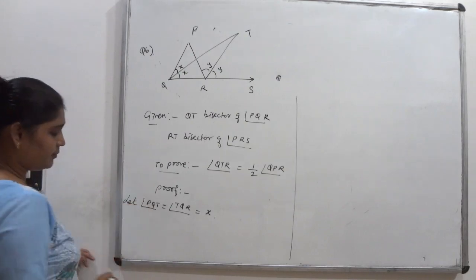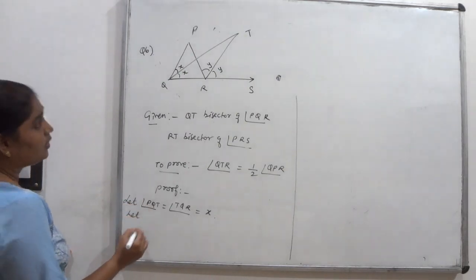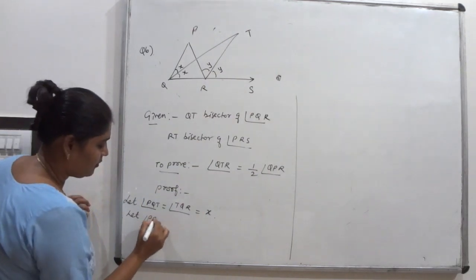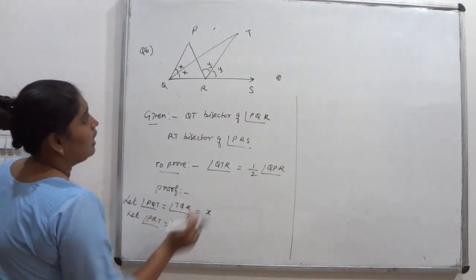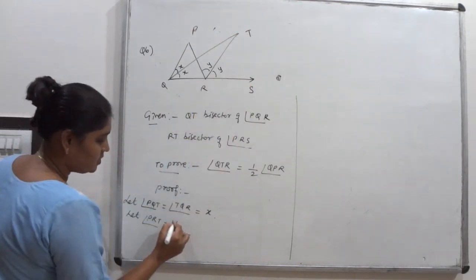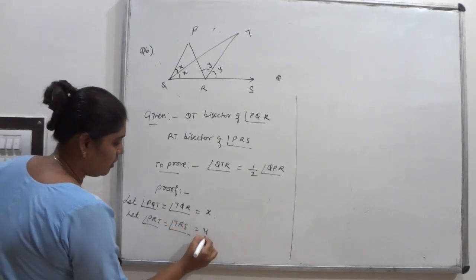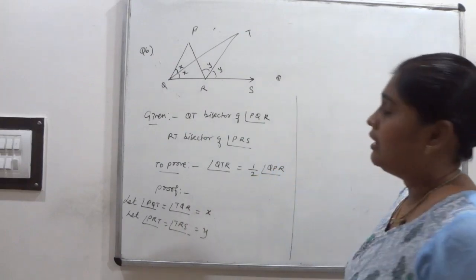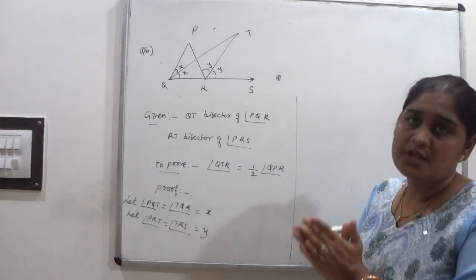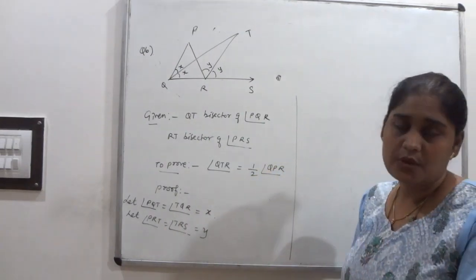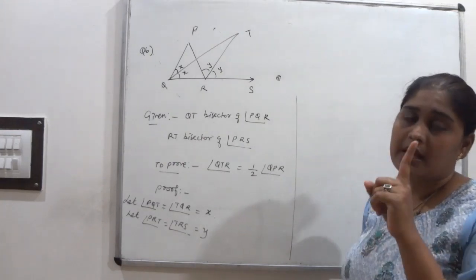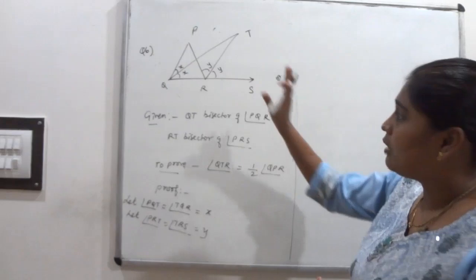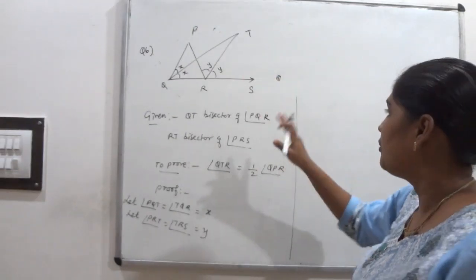Write it, let angle PRT is equal to angle TRS is equal to y, I have taken. You know that suppose in a figure a triangle is given to you, two properties you can use. The first one is angle sum property, another one is exterior angle property. Here I am going to use exterior angle property.